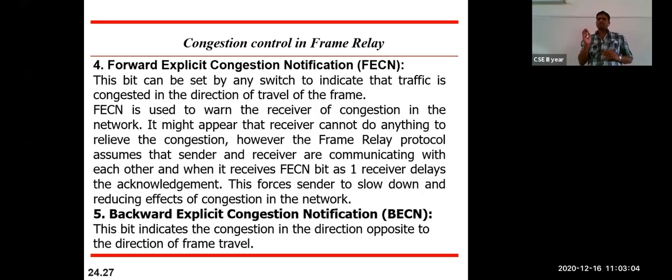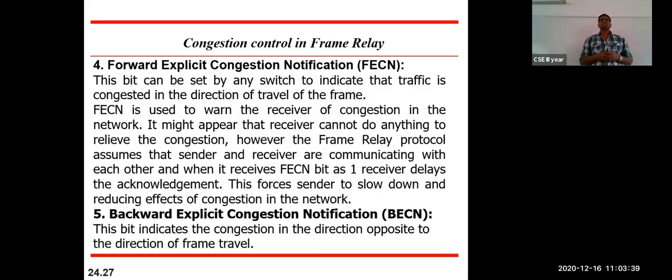Only in the address field of the frame relay frame, in the FECN bit, it is made 1 by the switch, so that the next device receiving the same frame will understand that there was congestion in the path in which this frame has come. So what happens? If it reaches the destination, it will delay the acknowledgements because it came to know that there is congestion in this path. That is how FECN works.